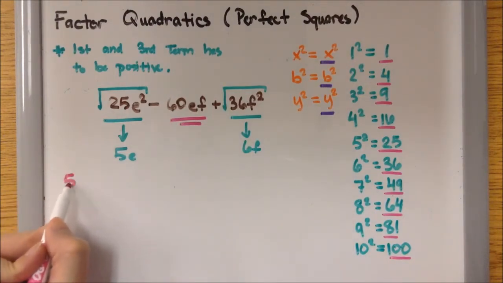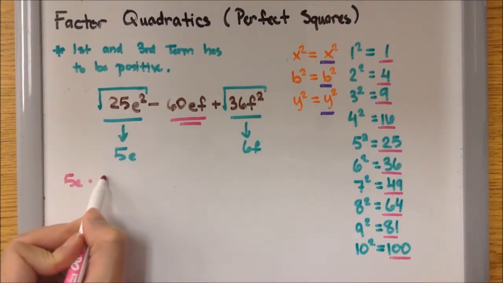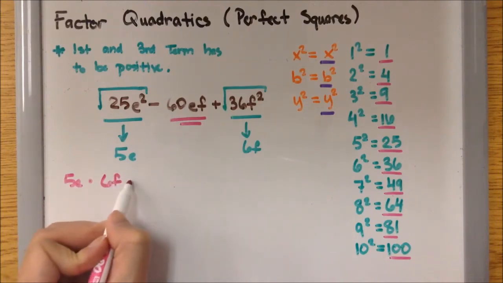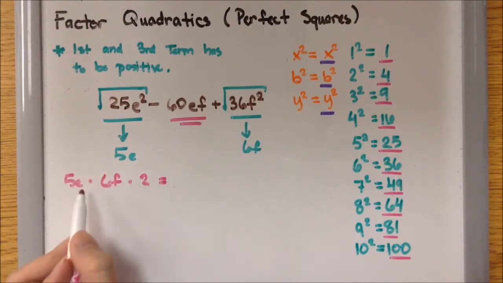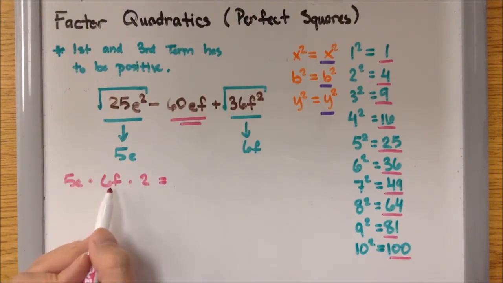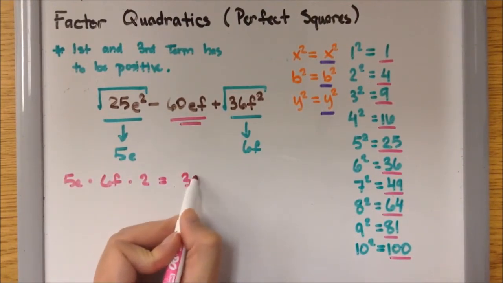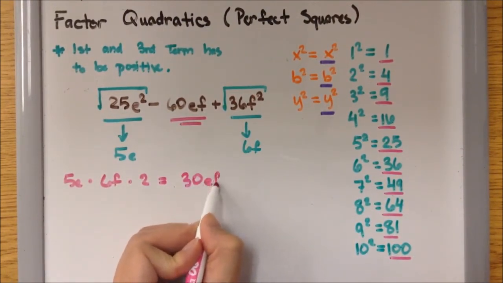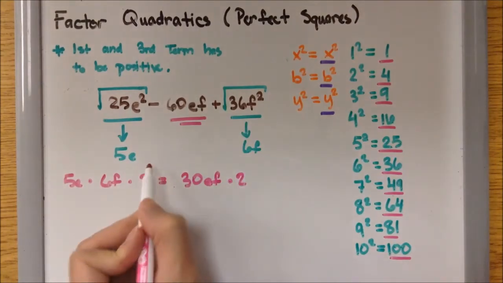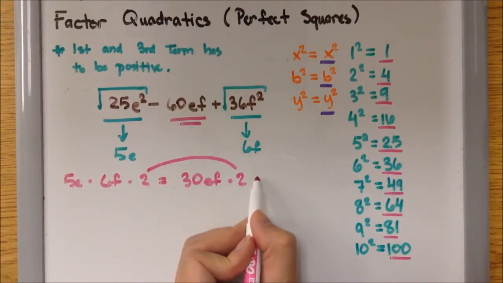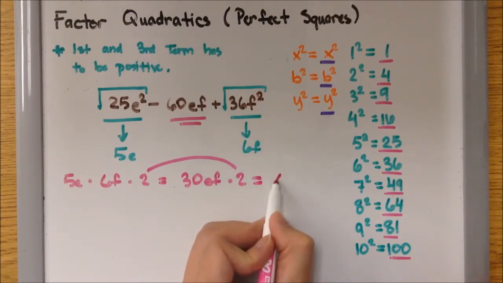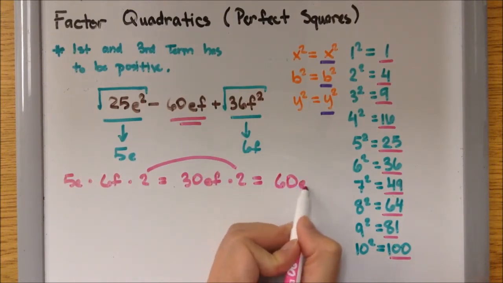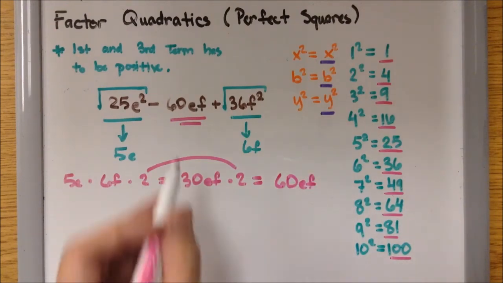So 5e times 6f times 2. 5e times 6f will be 30ef, and then I'm going to bring the 2. So 30ef times 2 will be 60ef. So it does match.